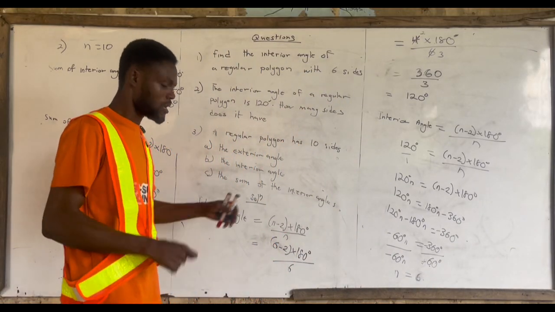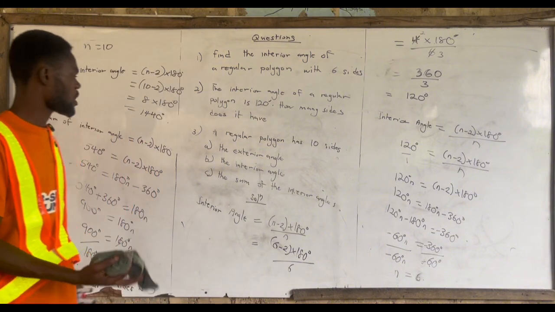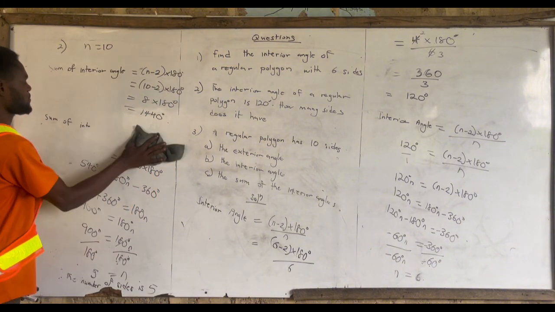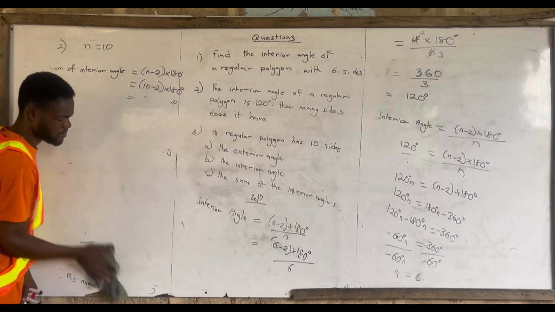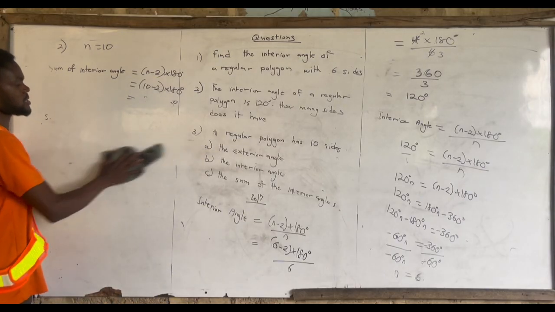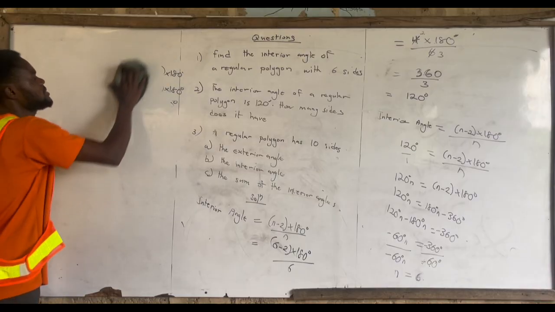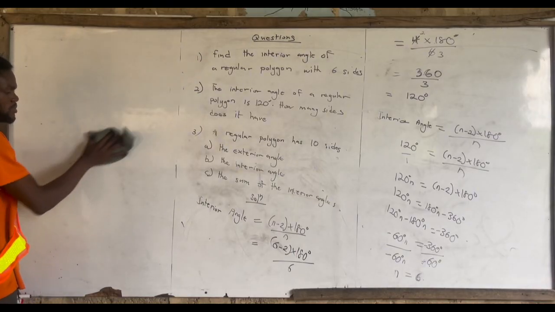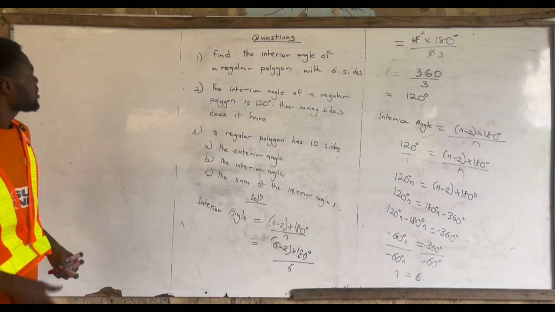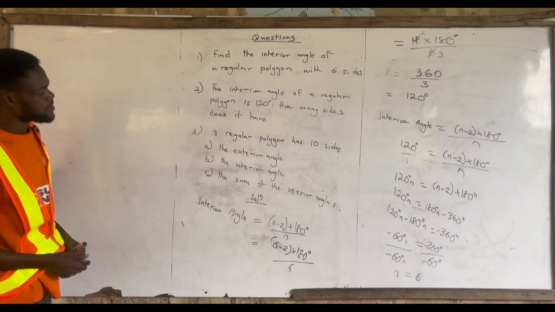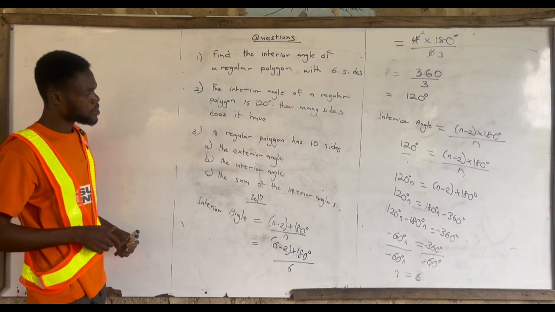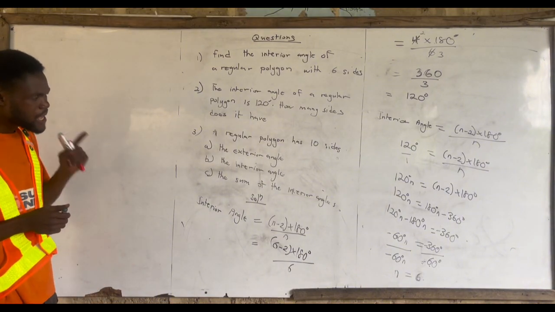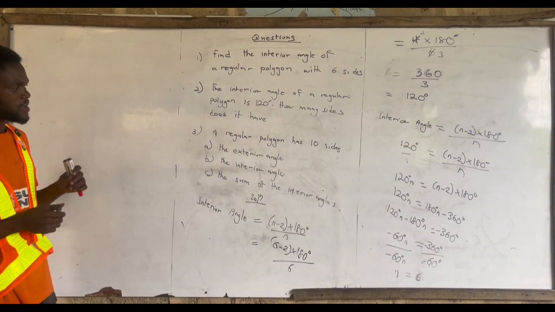Okay, let's try the last one, which is the 3. The duster is dirty and it's making the board dirty, so let me use this. Question number 3: a regular polygon has 10 sides. A, find its exterior angle.